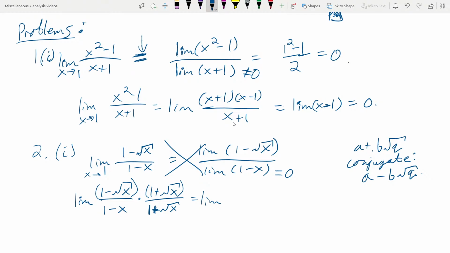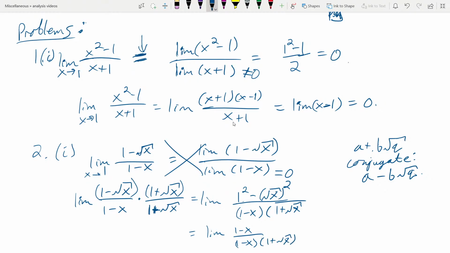We have 1 minus root x times 1 plus root x, which is 1 squared minus root x squared, or 1 minus x. And the bottom turns into this. We get 1 minus x on the top over 1 minus x times 1 plus root x. Those will cancel, and we have the limit of 1 over 1 plus root x.